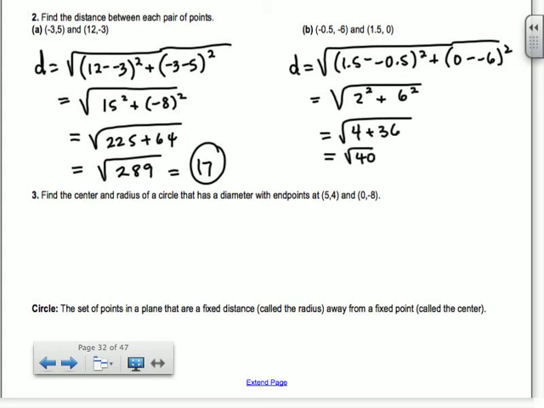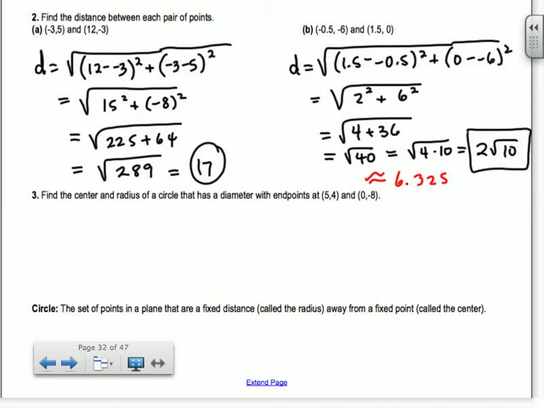So you get the square root of 40. If you simplify your square root, think about numbers that go into it evenly that are perfect squares, so you can take the square root evenly. So 4 goes into it. That's the square root of 4 times the square root of 10. In other words, it's 2 times the square root of 10. You can leave it like that. Or the square root of 40 is what? 6.325, okay. I don't care which one you have, either way.